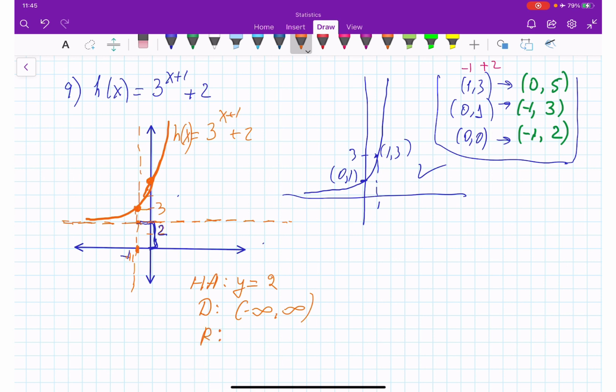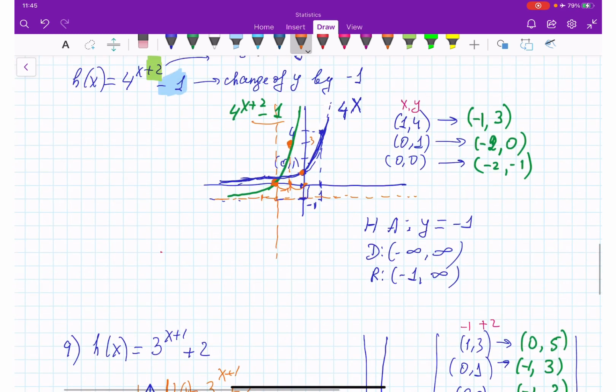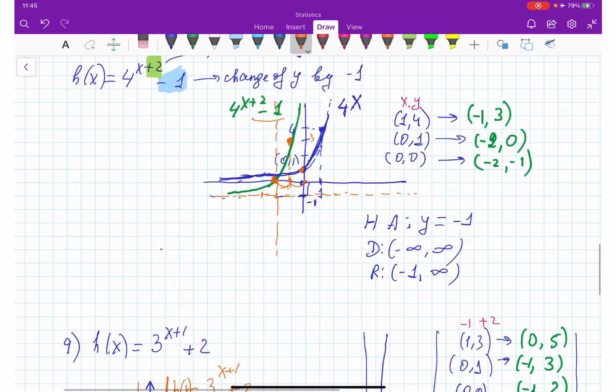From 2, right? But 2 is not included because it's an asymptote. It never touches 2. Okay, so I will build separate graphs from now on, so it would be easy to see, otherwise it gets crowded like this.